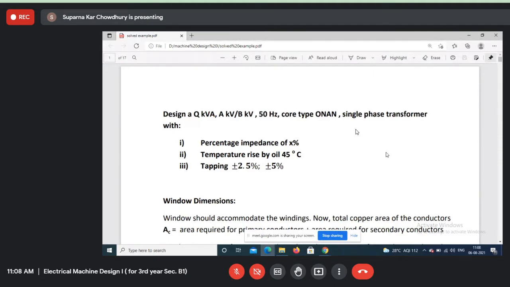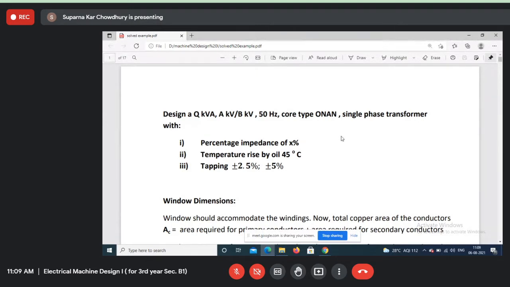In general, I have written that the kVA rating of the transformer is given, LV and HV voltage rating is given, frequency, core type, ONAN cooling type, single phase transformer, percent impedance specified, temperature rise by oil 45 degree, tapping plus minus 2.5%, plus minus 5%. Only these three ratings and the percentage impedance will be different for different students.